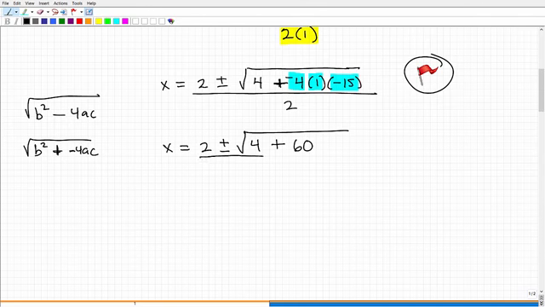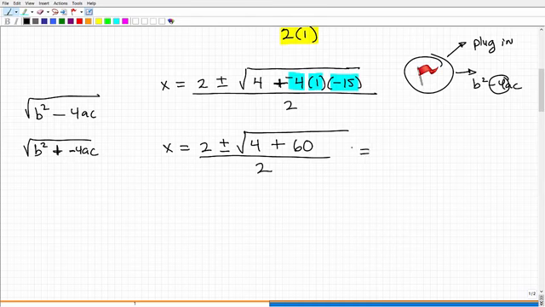Now that's going to be all over 2, okay, which was 2 times 1, so it's just 2. So now we're kind of getting there. We're kind of past some of the more common mistakes. The big things the students make a mistake on is they plug in incorrectly, okay, because they get confused with the negative numbers, and then they also make a mistake with the b squared minus 4ac, okay, this part right here.